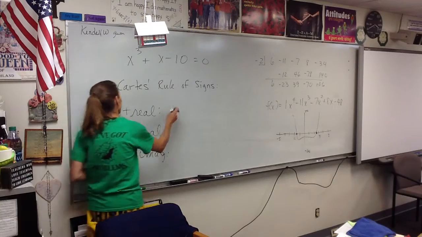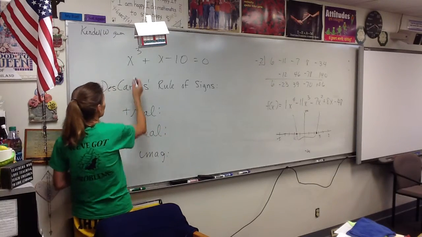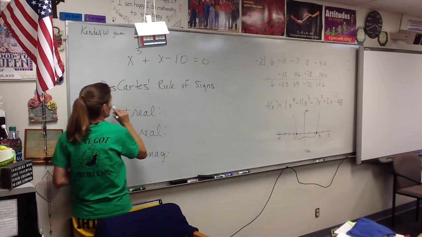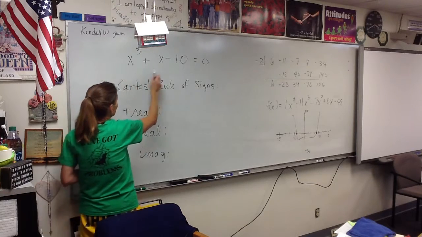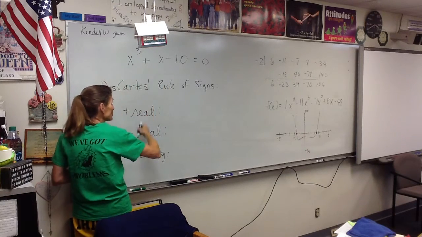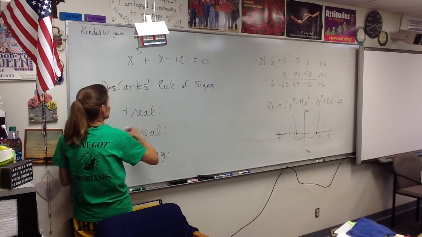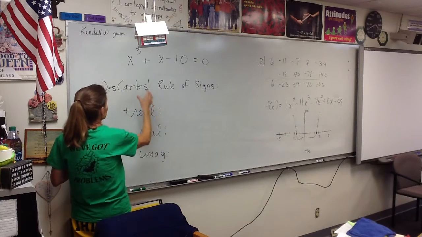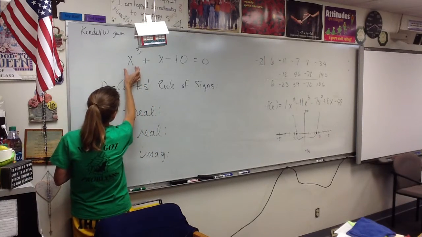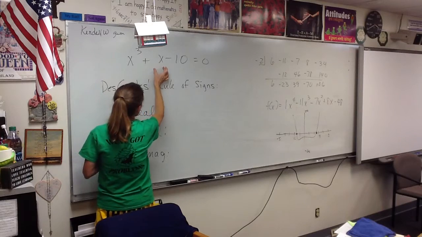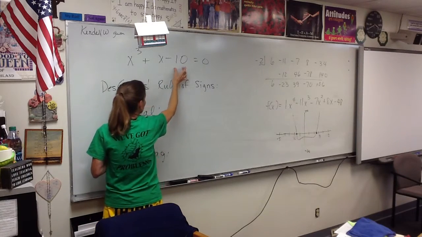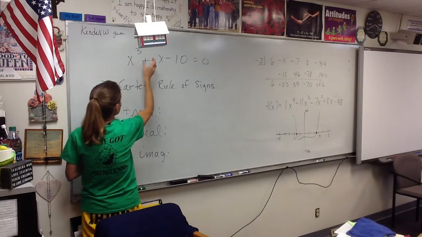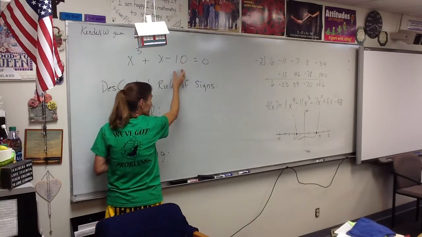How do you figure out how many of these there are? Well, you go back to the original problem and you simply count the number of times your sign changes. What I mean is, this is positive, this is positive, this is negative. So I went from positive to negative.